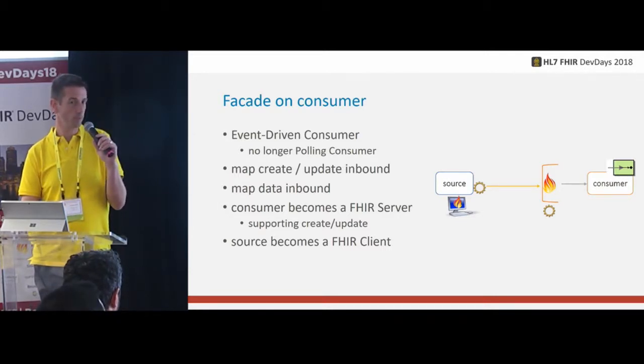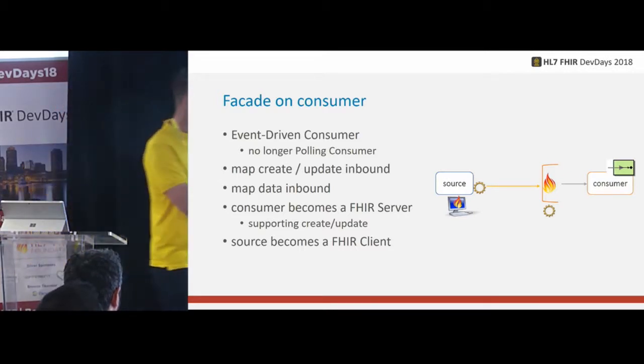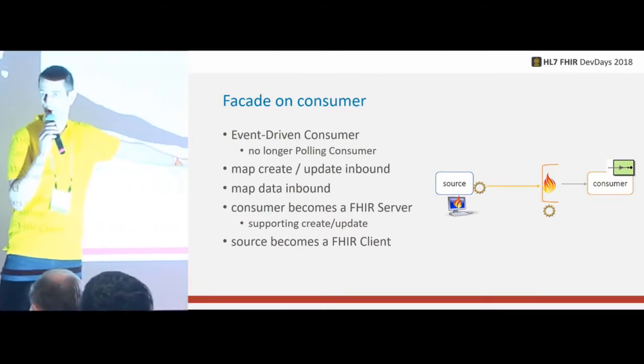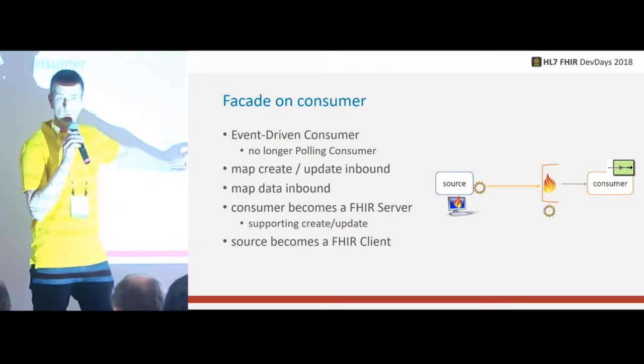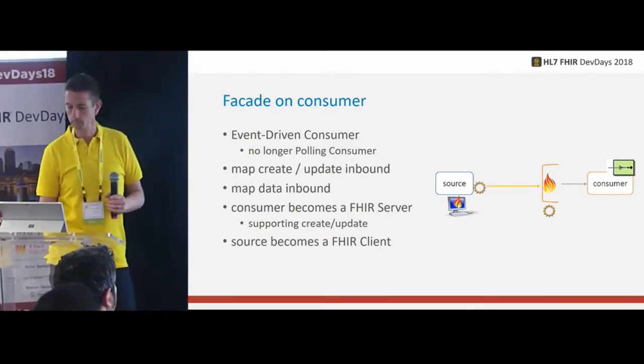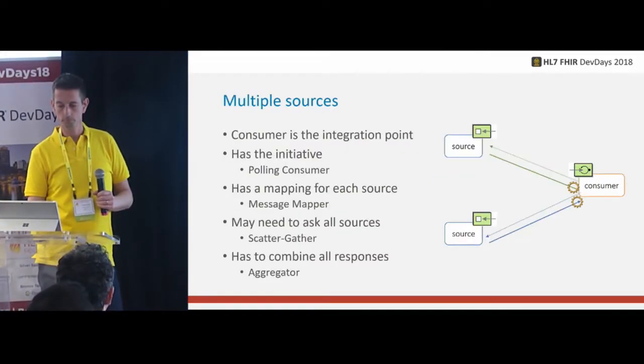And as we have with the FHIR server in the middle, we have this active component here that should make sure that the data goes to the consumer without knowing when the consumer might need it. So that's the three basic patterns.